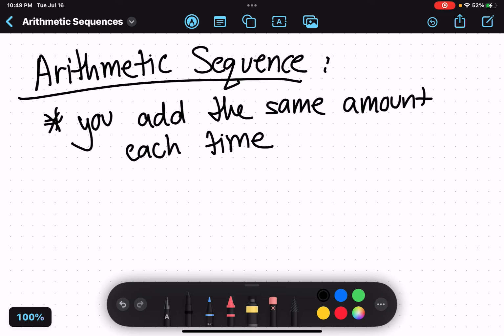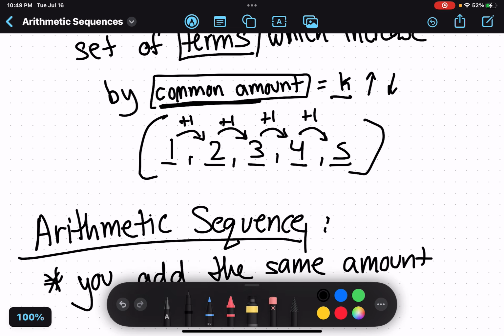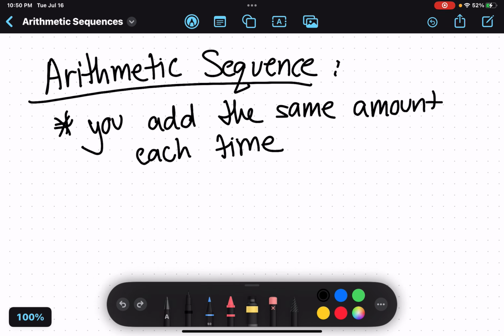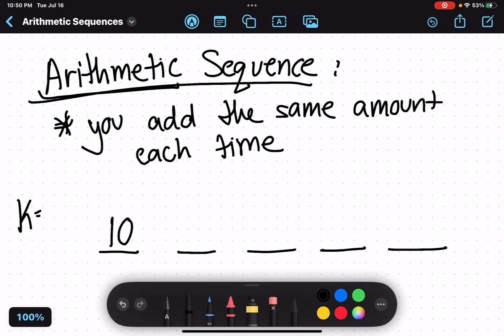So let's say we have 5 terms in a sequence. Our first term is 10. And our value of K, our constant in this arithmetic sequence, is 5.